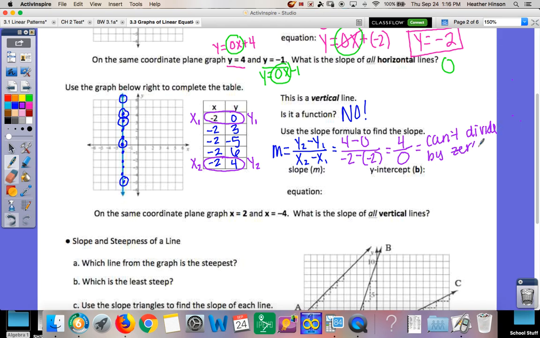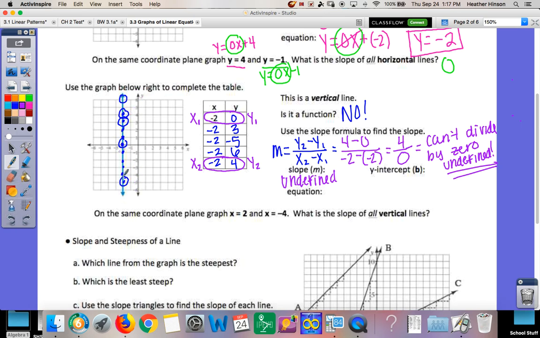This is called undefined. Anytime you have a slope where 0 is on the bottom, you can't do that, so we just write undefined. The y-intercept, well, you look at your graph, and where does it cross the y-axis? Well, it doesn't.